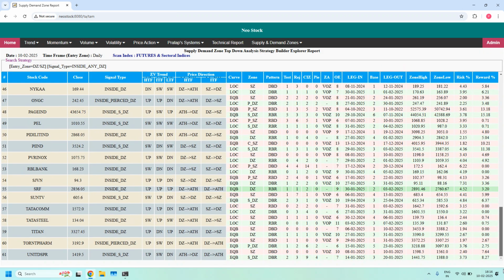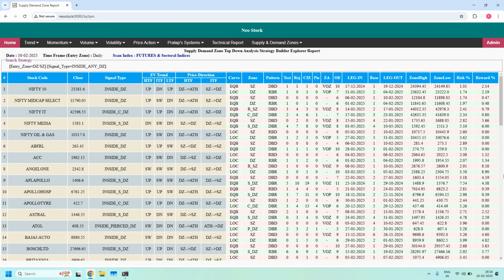We got 61 stocks. First 15 stocks in the list. I'm scrolling the list down.